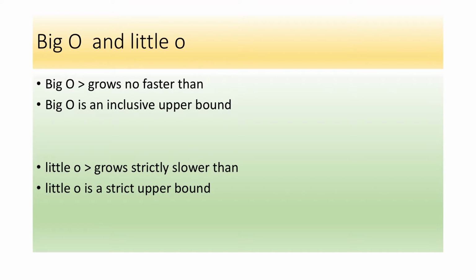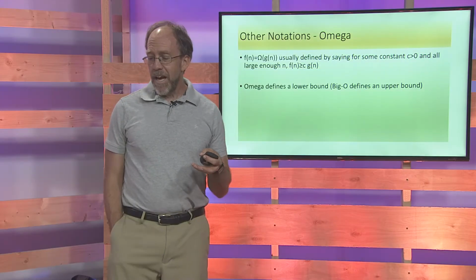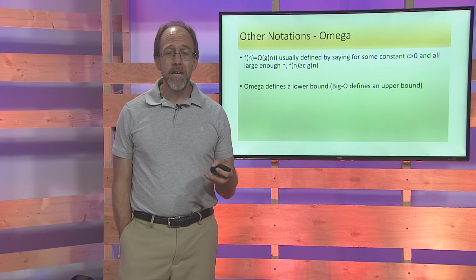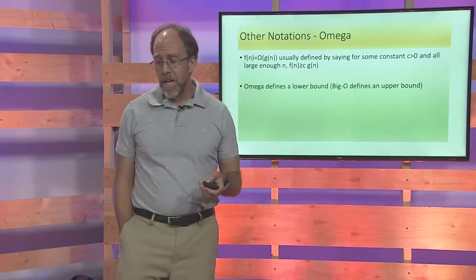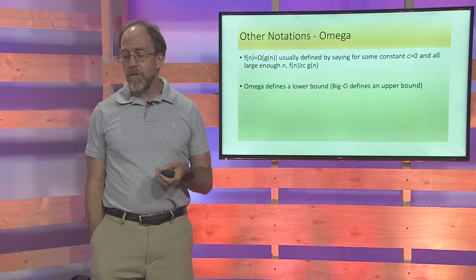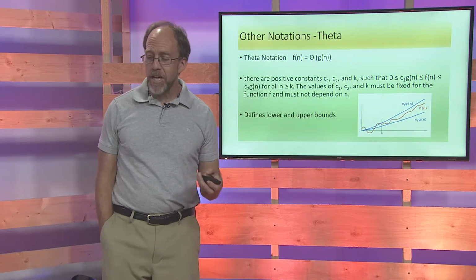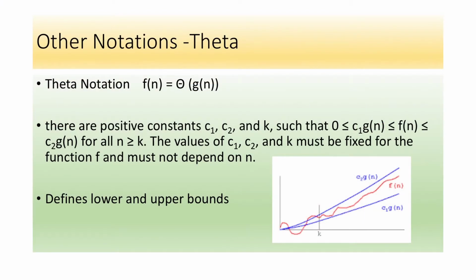Well, what are some other ones? There's omega. Omega defines a lower bound. I'm not going to go into a lot of detail about omega, but you've seen little o, so now you've got omega bound. And that's not the last of the different notations, because omega is looking at lower bounds, but we can also look at theta notation, where you're looking at the upper and the lower bound. So you're trying to define both sets of bounds.